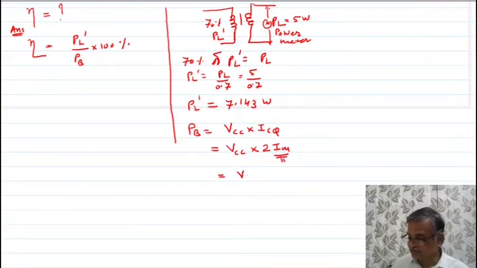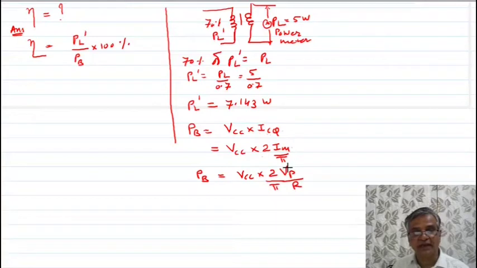Im is not given, so I should write it as the voltage upon resistance. My equation for PB is nothing but VCC into ICQ. What is ICQ? It is the average value of the full wave rectified signal, given by 2 Im upon pi.